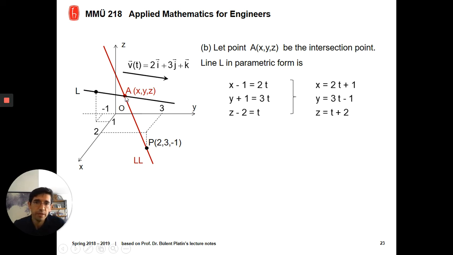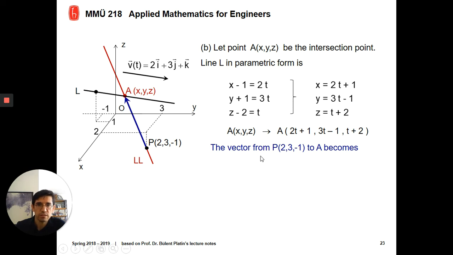Then I pick any random point on that line, and that would have the coordinates x, y, z. Now I'm pointing a vector from that P to A, and I can write down the PA vector, which is the difference vector, meaning P minus A vector.